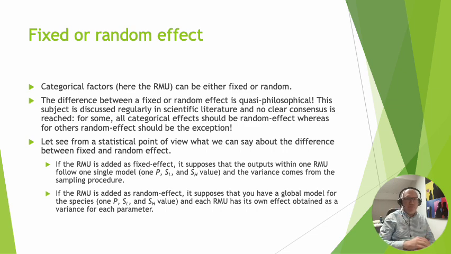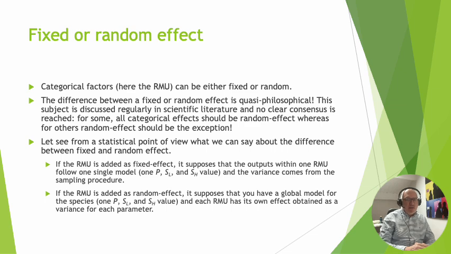If RMU is added as a fixed effect, it supposes that the outputs within one RMU follow one single model, one P, one S_L, one S_H value, and the variance comes from the sampling procedure within the RMU.